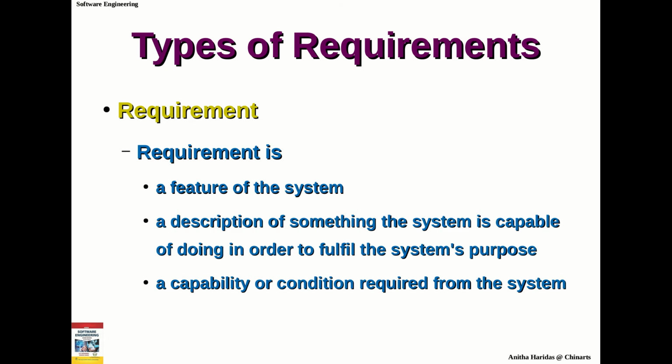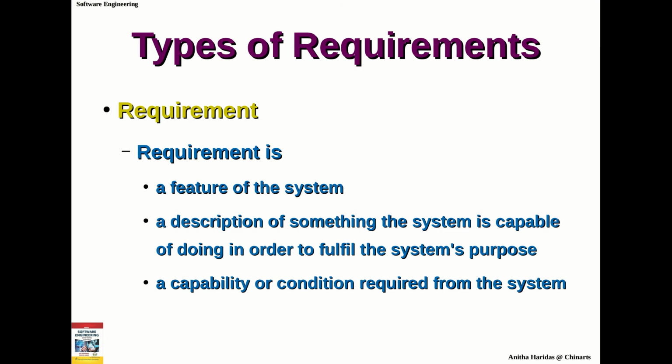When I say requirement, we have already seen that a requirement is nothing but a feature of a particular system, or we can say it is a description of something the system is capable of doing to fulfill the system's aim, objective or purpose. Or a requirement can be a capability or condition that is required from the system. So we have seen an example for each of these.